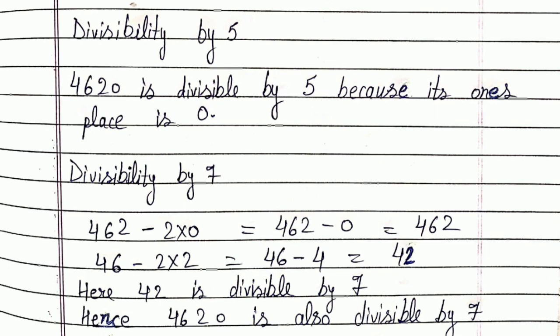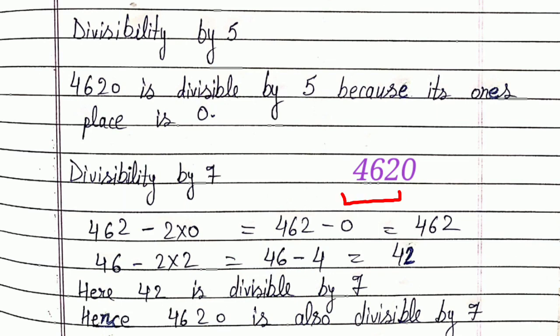Now the next divisibility rule we will see, that is 7. We will subtract double of the last digit from the number which is made up of the remaining digits. Here the main number is 4620. From this, the last digit 0 we will double, that is 0, and then we will subtract it from the number made up of the remaining digits, that is 462.